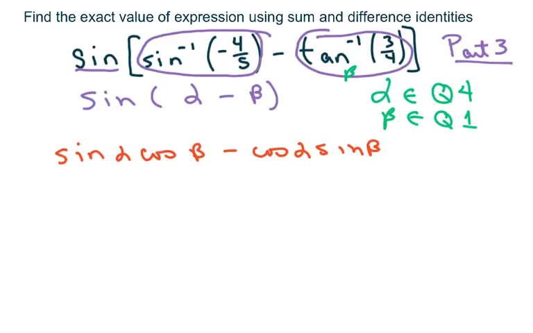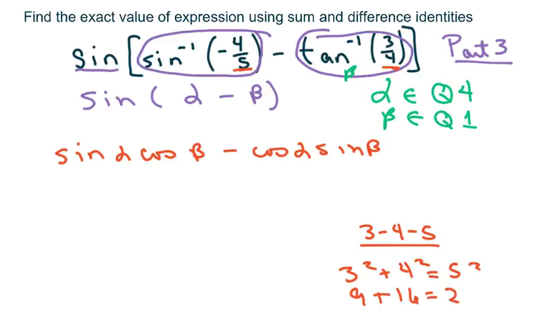And what I'm going to do on the next slide, but both of these are coming from the triples 3, 4, 5. And that's a Pythagorean triple, meaning 3 squared plus 4 squared equals 5 squared, or 9 plus 16 equals 25. It makes your life easier on these if you know your triples.